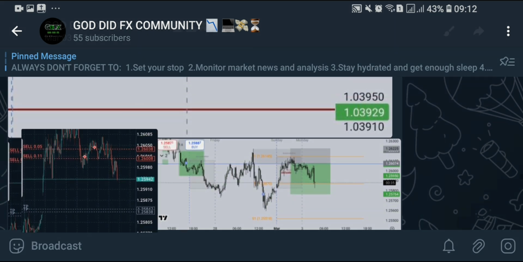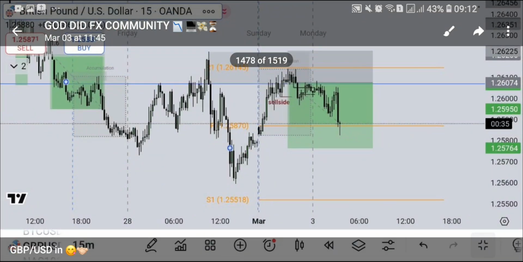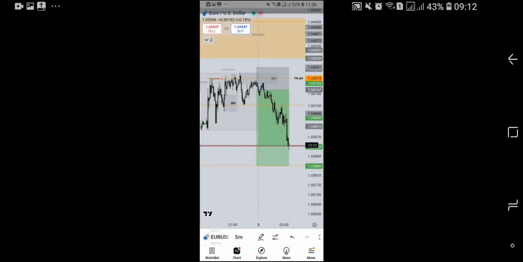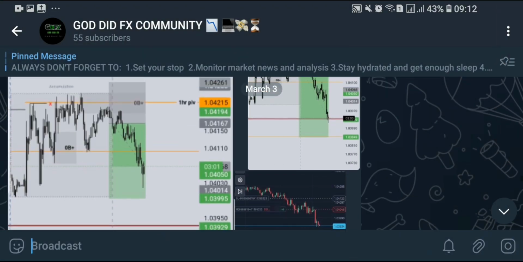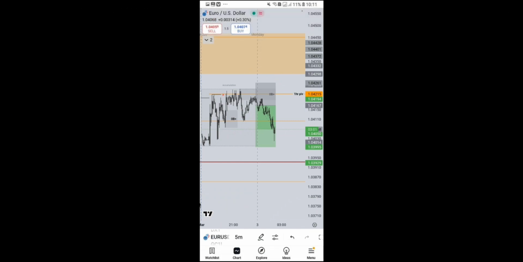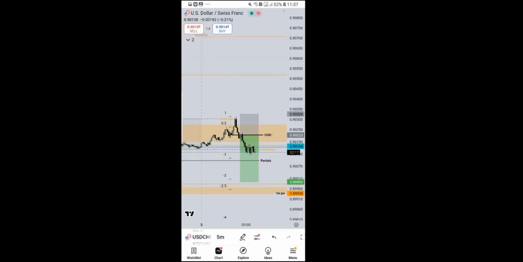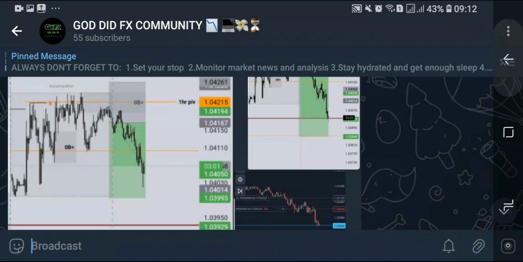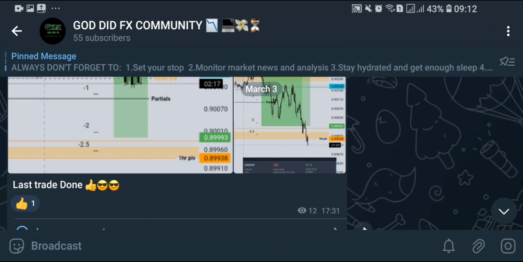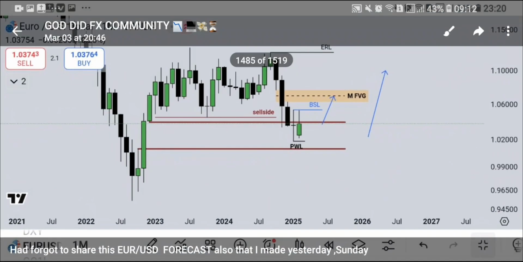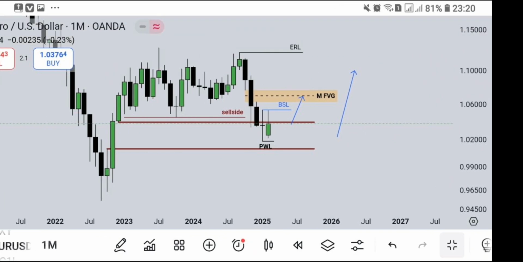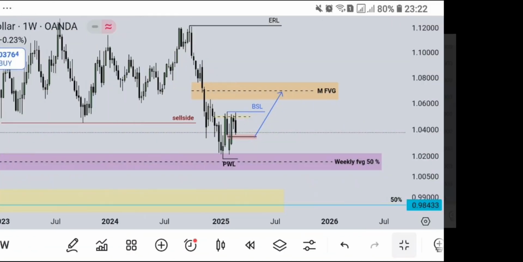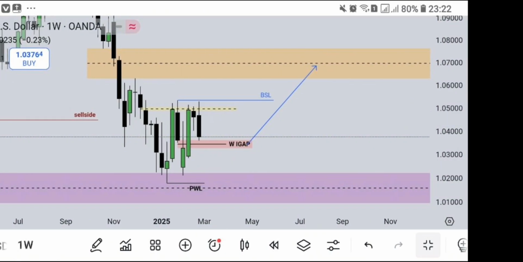As you can see, these are the trades and these are the screenshots. So as you can see, only profit. So I think here this was a Sunday and I was giving my anticipation for the other week, right?